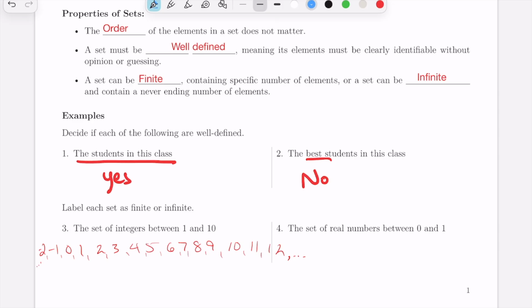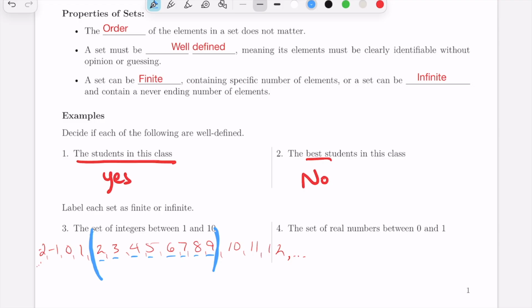Now, when we say between 1 and 10, I'm actually going to be excluding it, because between 1 and 10 is exclusive language. So that would be the numbers 2, 3, 4, 5, 6, 7, 8, 9. Those are all the numbers that are between 1 and 10 that are integers.